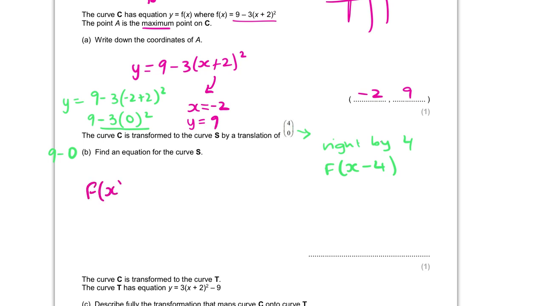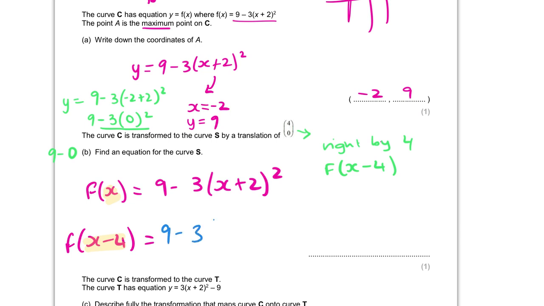So if f of x equals 9 minus 3 lots of x plus 2 squared, if I want f of x minus 4, what do I have to do everywhere there's an x? I need to substitute in x minus 4. So I'm going to get 9 minus 3 lots of x minus 4 plus 2 squared.